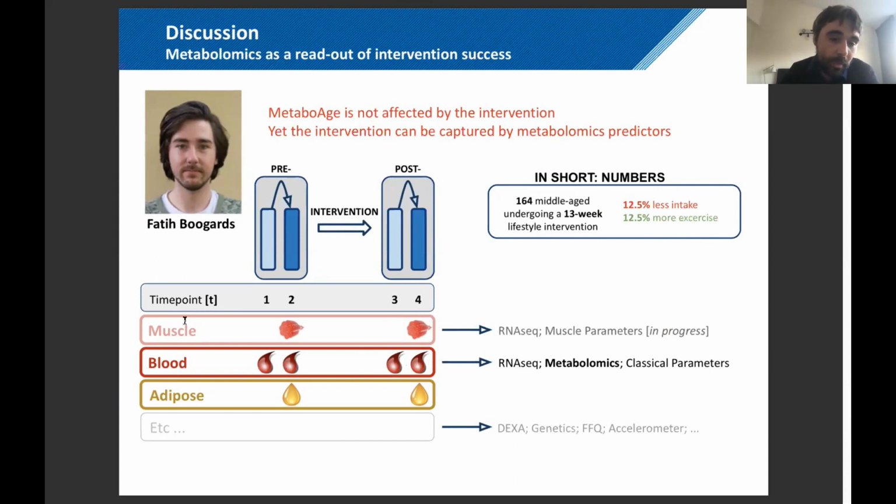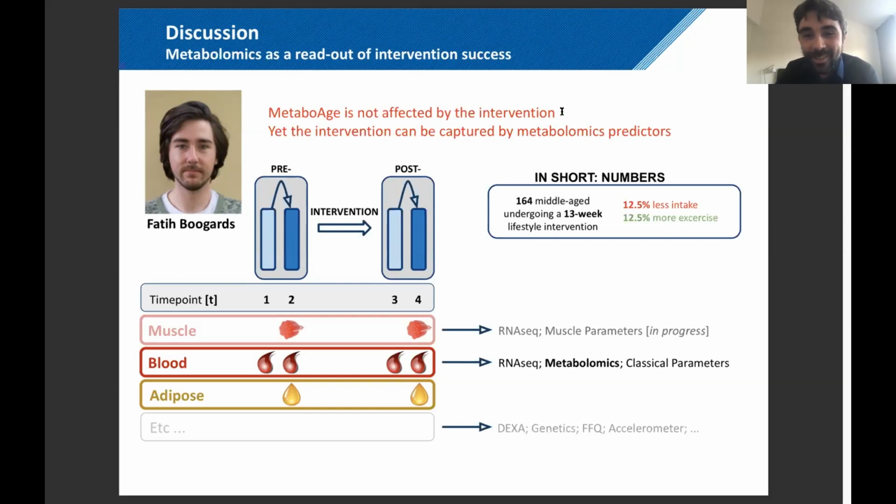From these people, several biopsies were taken from muscle, blood, and adipose tissue. And we can ask, in blood, using again metabolomics, whether if people start living healthier, they also improve their metabolic predictors. And that's actually not the case.